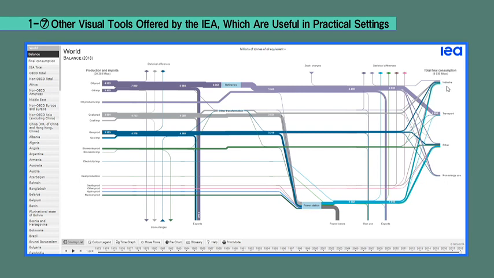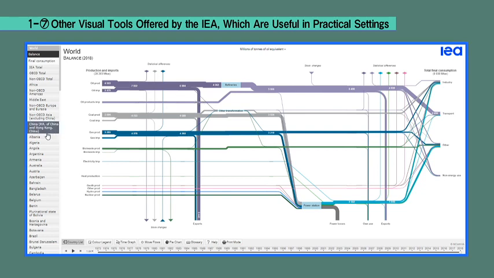The far right shows final consumption. So, in this chart, the rows and columns of the IEA table are transposed. The top right shows industry, then transport and other, which includes residences, buildings, and others. This is the structure.